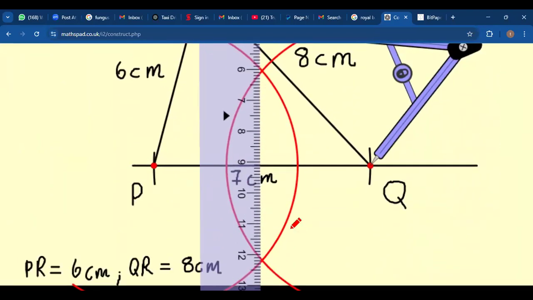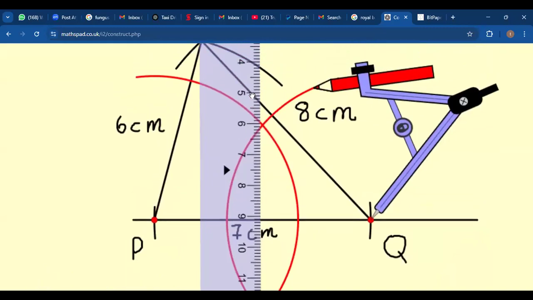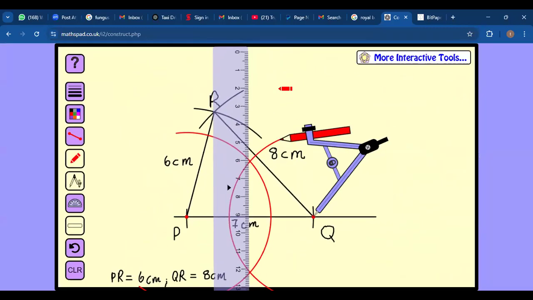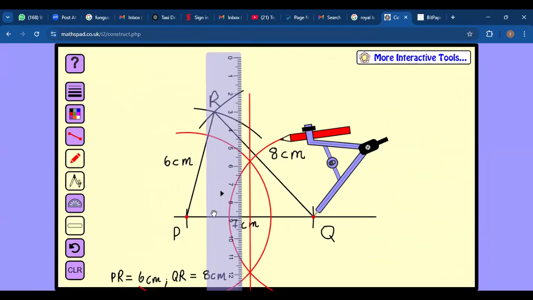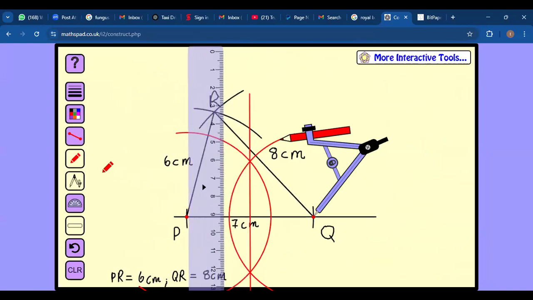All right, let's draw the line now, right through the middle. And there we go. All right, class, what do we call this line right here in the middle? The bisector. We call it the bisector.